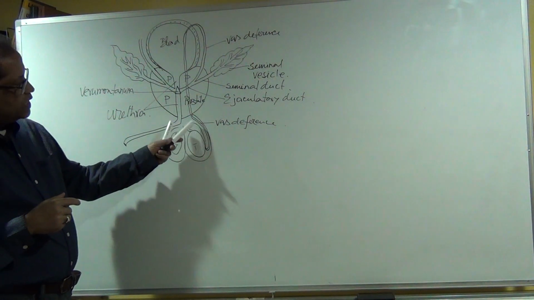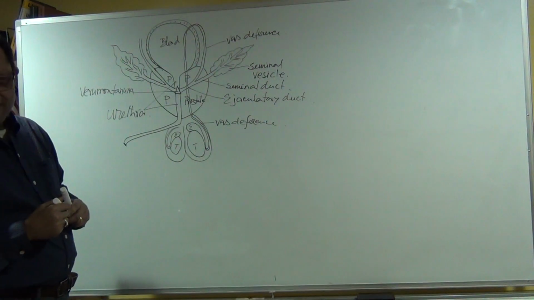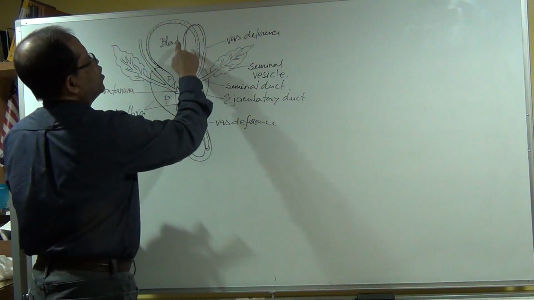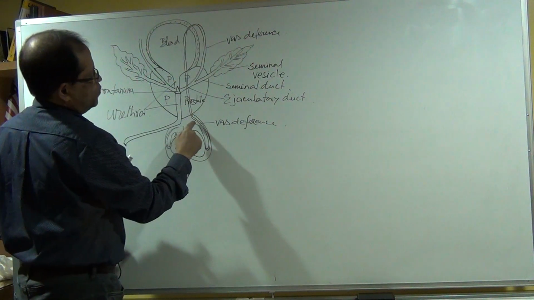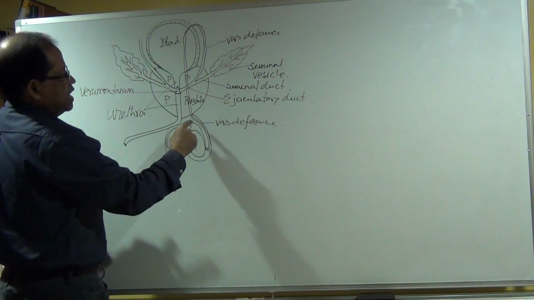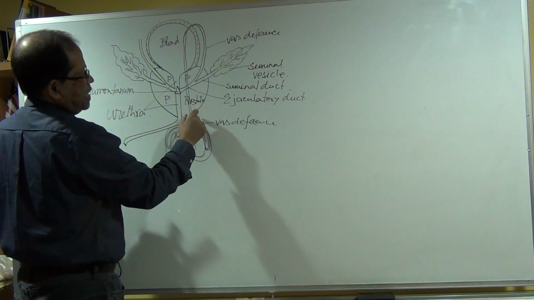Did you notice the loop? Look. Nice. So now it is the loop of the vas deferens. Look at how long the vas deferens is. At this area, it is passing through the inguinal canal.